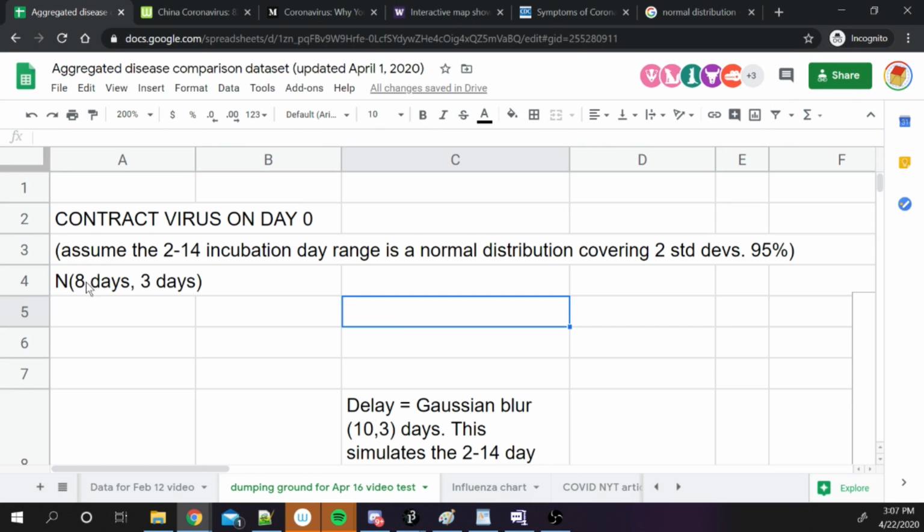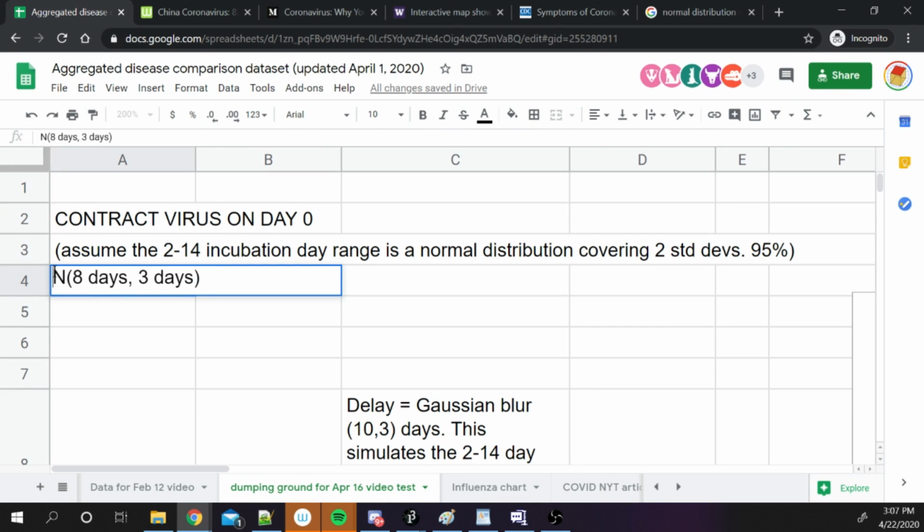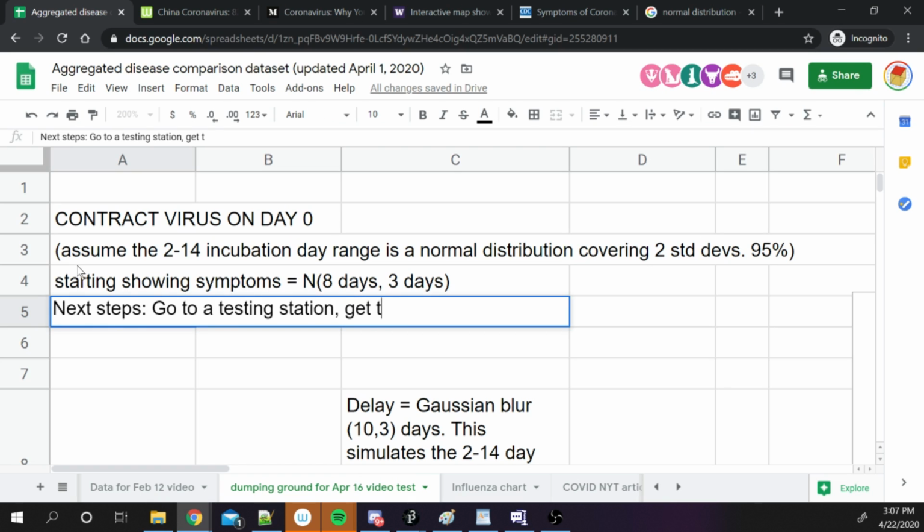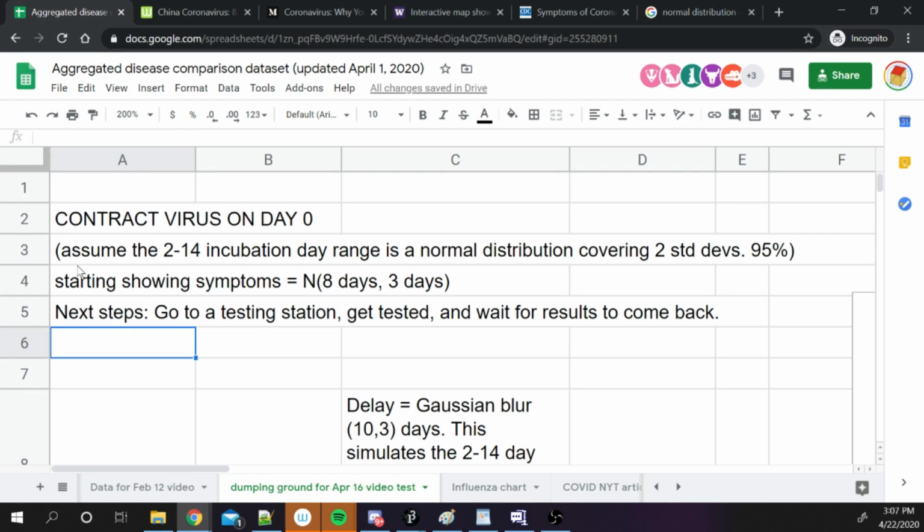Now, we're not done yet, because if you start showing symptoms according to this distribution, you still haven't tested positive for the virus. In fact, the next steps are for you to go to a testing station, get tested, and wait for results to come back. Now, the amount of time that this takes can vary from country to country, but I'm just going to say all of this takes 2 days.